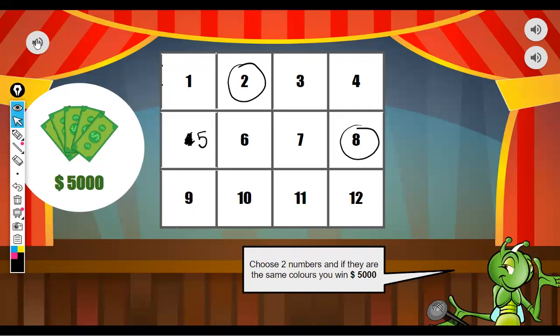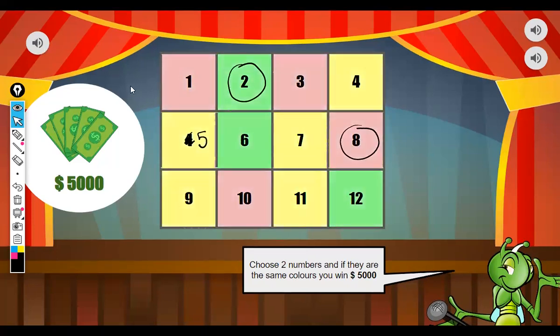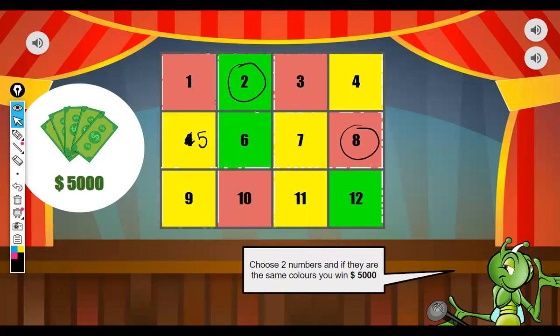All right, so let's change the colors. Oh, I lost the game. 2 and 8 are definitely different colors. Anybody was able to claim their $5,000? A lot of people got lucky. I guess today is your day. All right, let's move on.